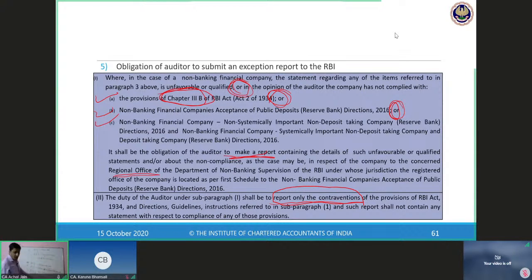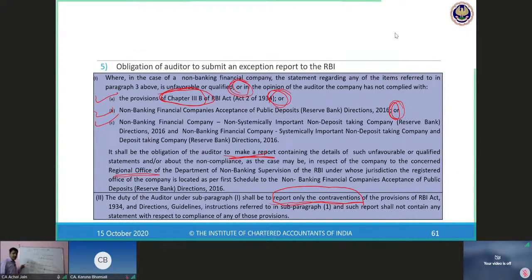Non-compliances you can say is the contravention, or I can also change this language, that is contravention. Okay, and in this case we can say only one reporting is required. So you can add the word only, and in this case also you can say reporting to only board of directors is required.